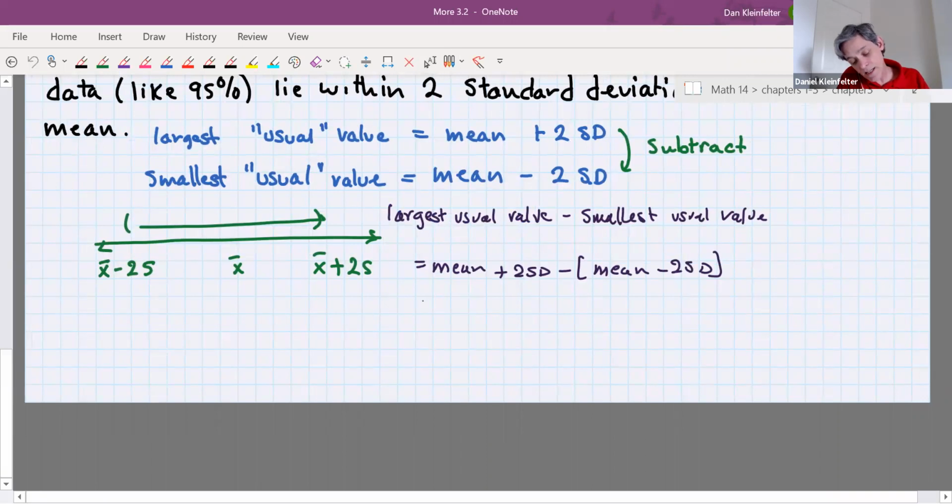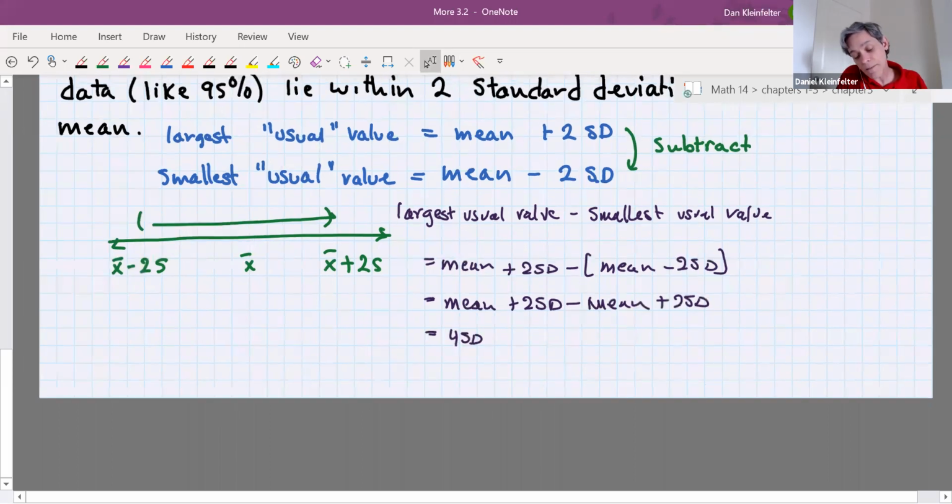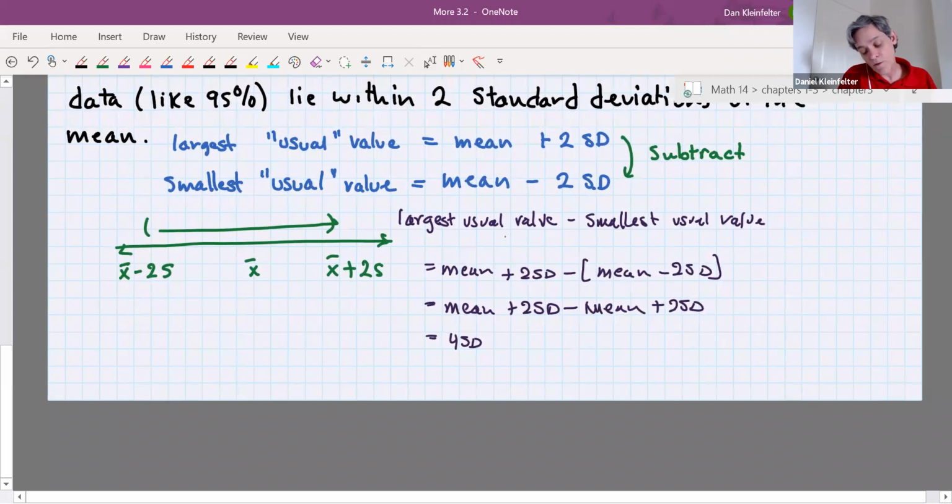Simplifying that right side, distributing the negative, there's your algebra prerequisite, we'll see that there's minus the mean, and then minus a minus will make plus two standard deviations. So in all, the two means add up to 0, and we're left with 4 standard deviations. So what does that mean? The largest usual value minus the smallest usual value should equal about 4 standard deviations.